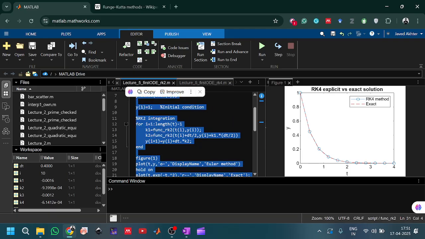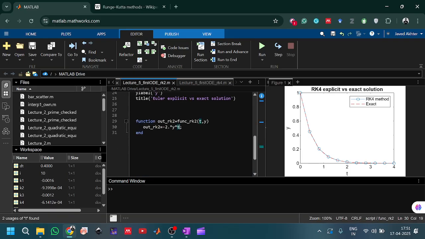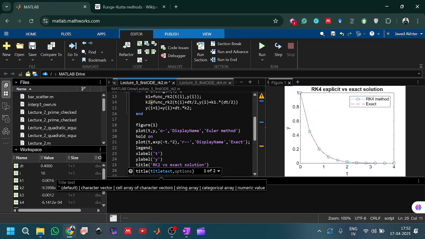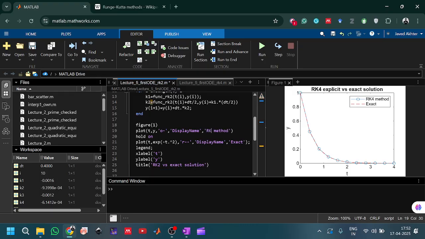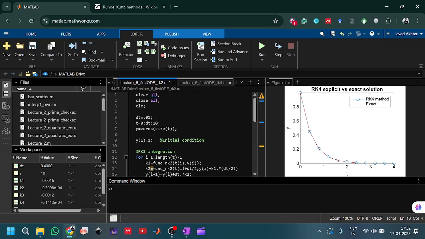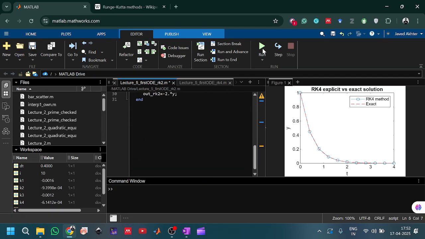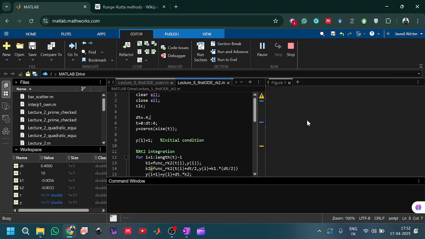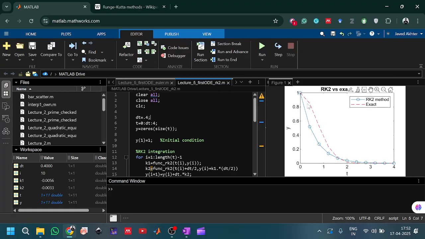So let me check with RK2 what is the case. So let me remove this, and this is RK2, and let me go up to 4, and the step size, let me make it 0.4, and let me check what is that. Okay, so a little bit different, not exactly matching with RK4.